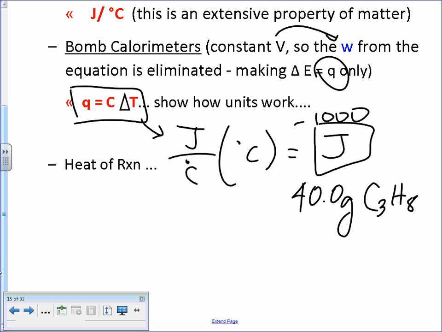So exothermic reaction of 1,000 joules, aka 1 kilojoule, negative. If that amount of heat was put out of the combustion reaction per 40 grams of propane, you actually can set up a ratio to say how much heat is released per mole. So this is not 40. Is this 44? Is this molar mass 44?